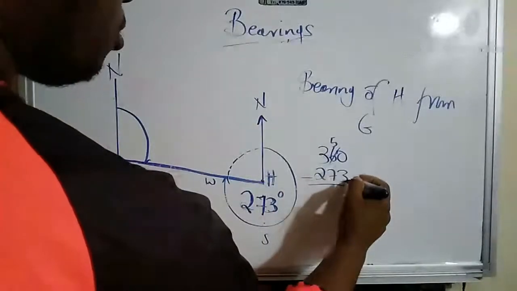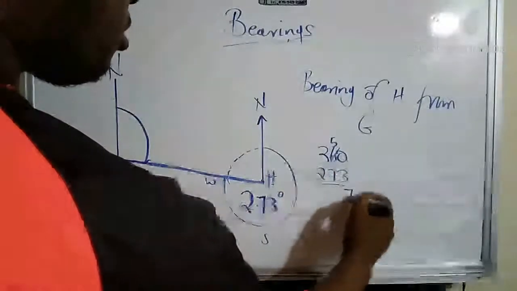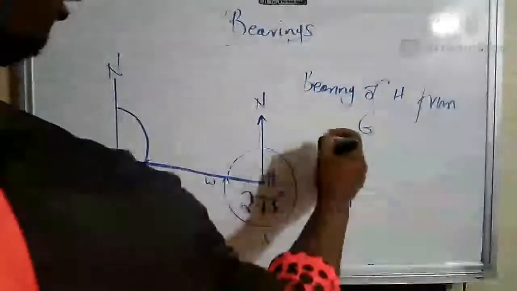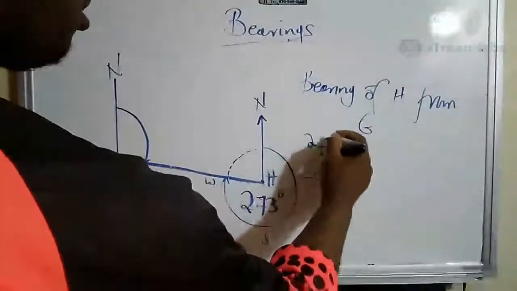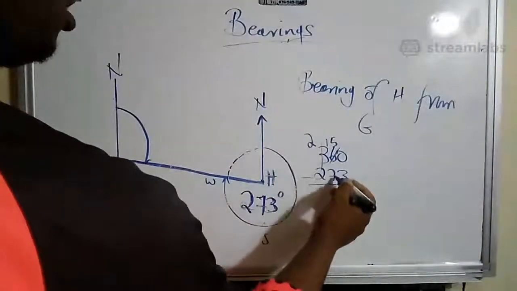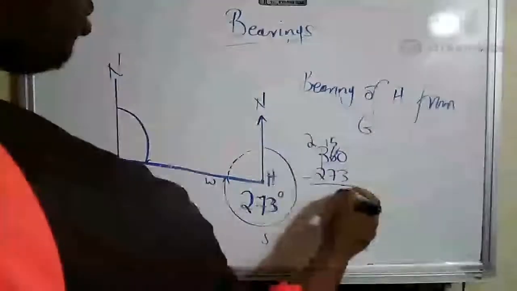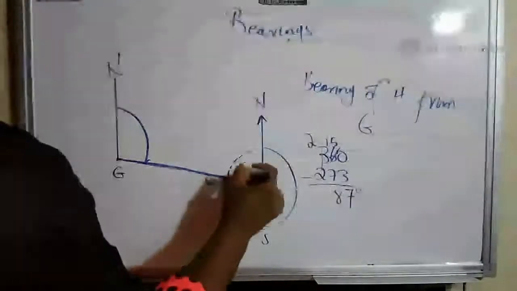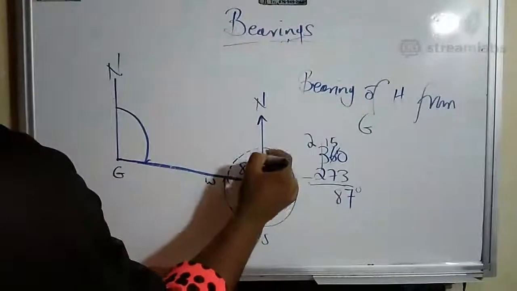That now leaves 7. 7 from, oh Lord, you have to borrow again. So now it's 15, so 7 from that will give you 87. So right here would be 87 degrees.